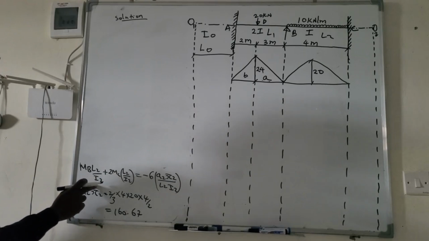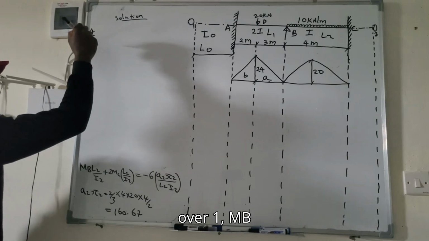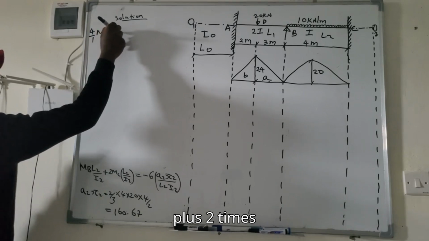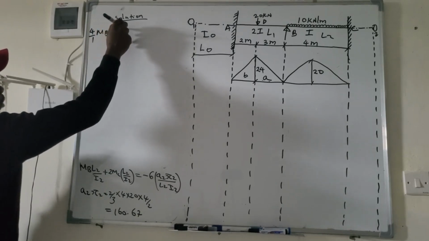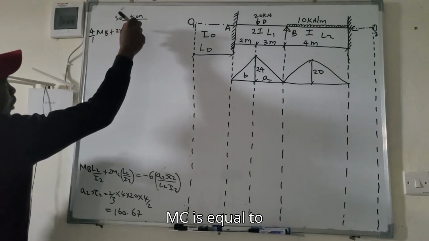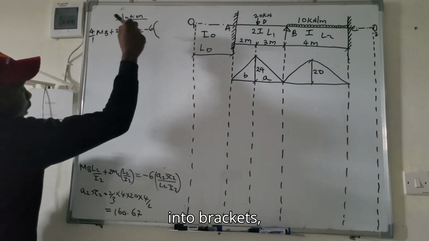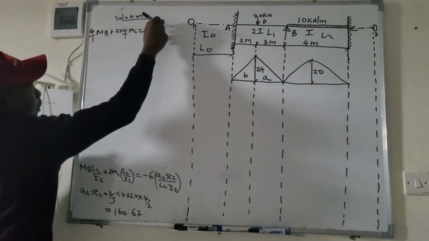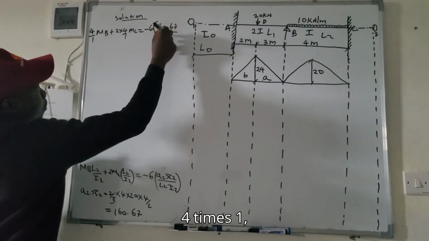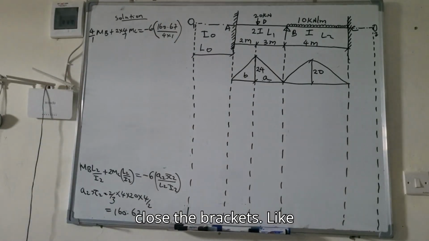L2I2 we know is 4 over 1. So it's 4 over 1 MB plus 2 times 4 over 1 again MC is equal to minus 6 into bracket 160.67 over 4 times 1. Close the bracket like that.